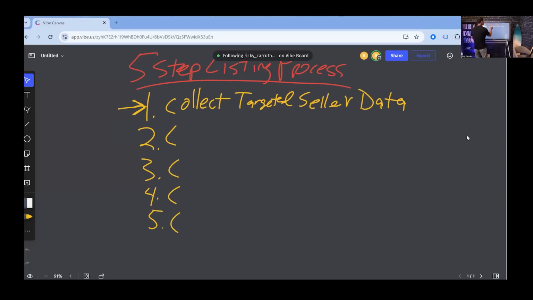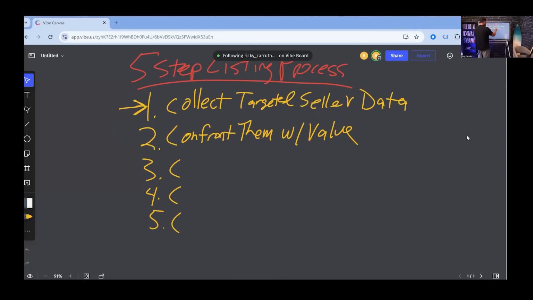Once we collect the targeted seller data, now we're going to confront them with value. That's the second step. We'll do a whole training on that part. The third one, after we confront them with value, is to comfort them with curiosity and dependability.